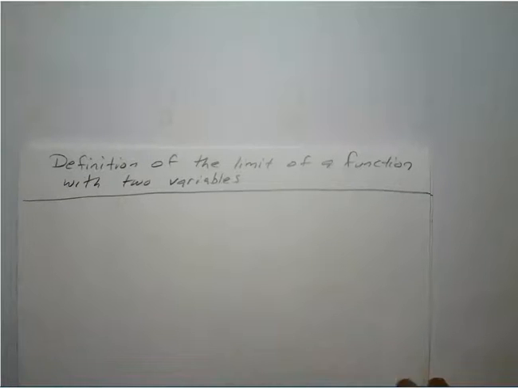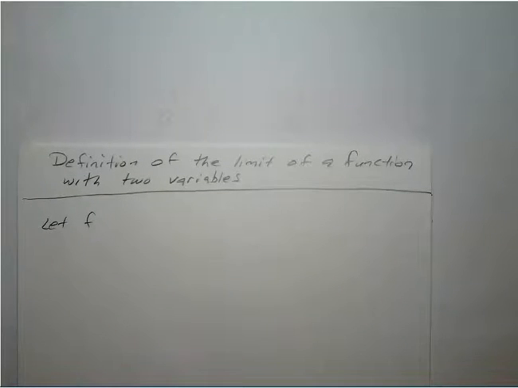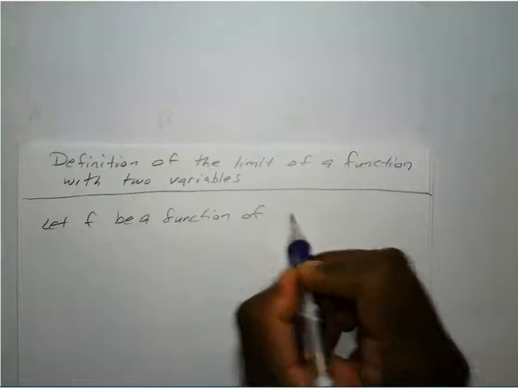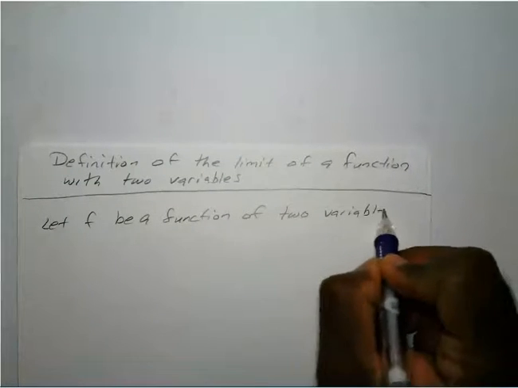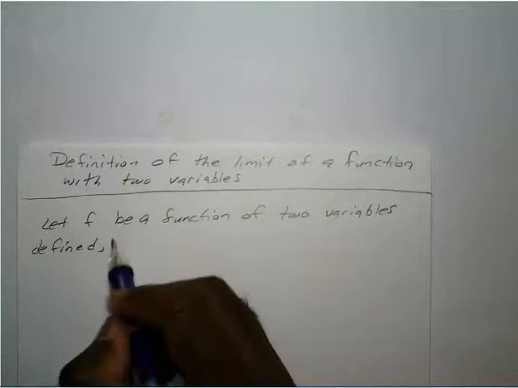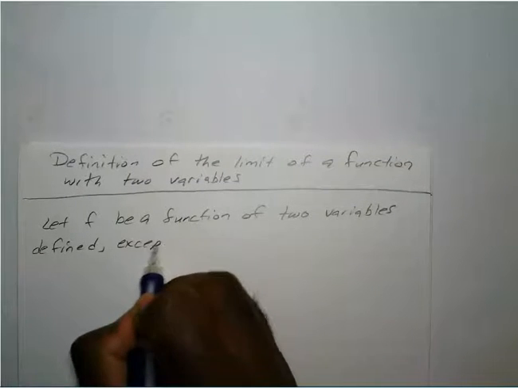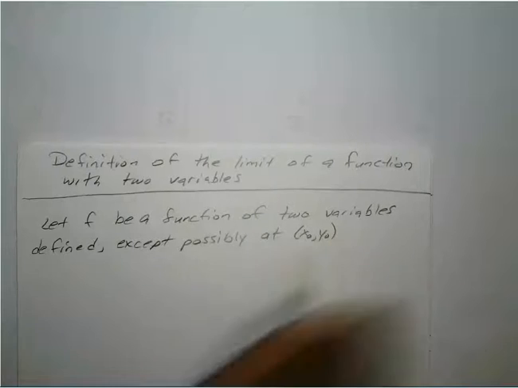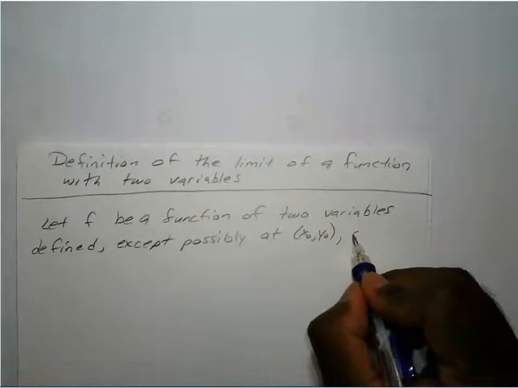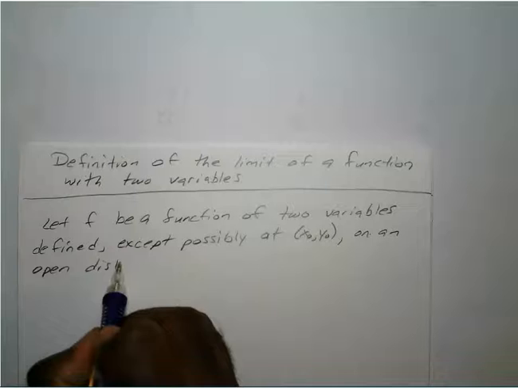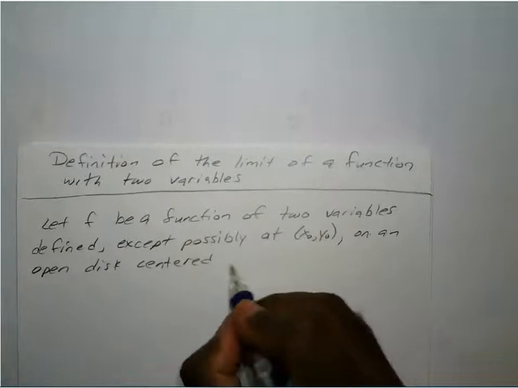All right, so let f be a function of two variables defined, okay, possibly it won't be defined at the point, except possibly at the point x0, y0, on an open disk centered at that x0, y0.